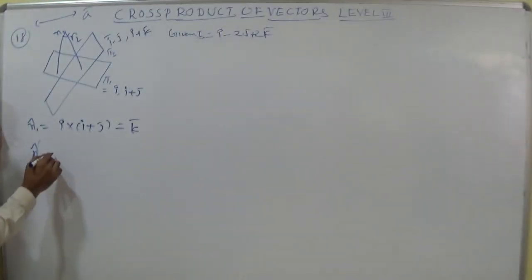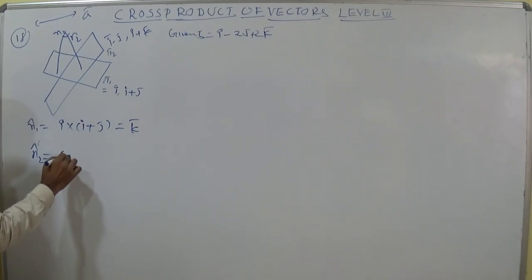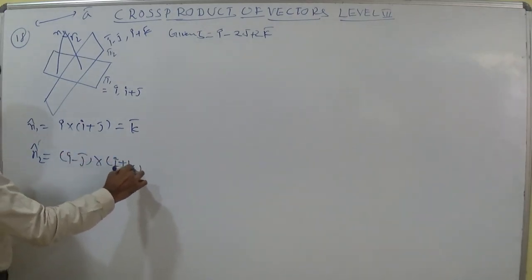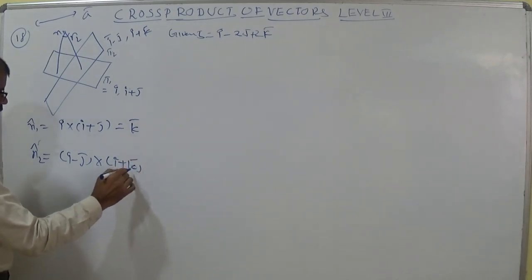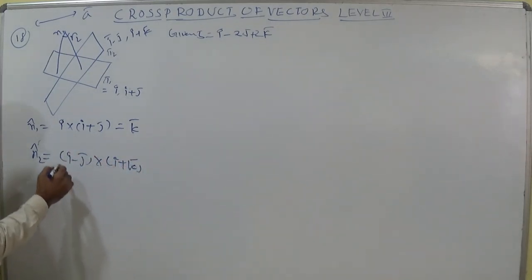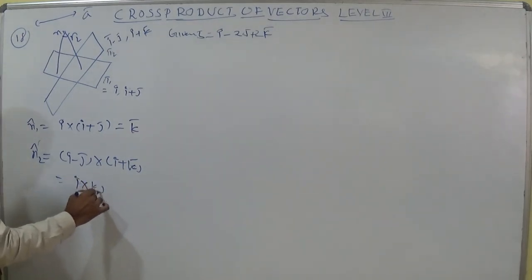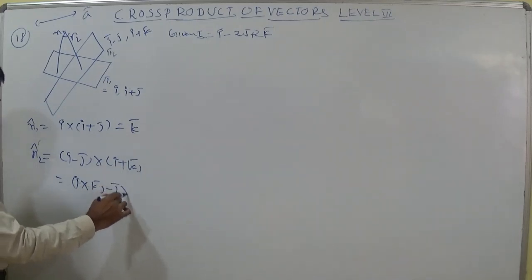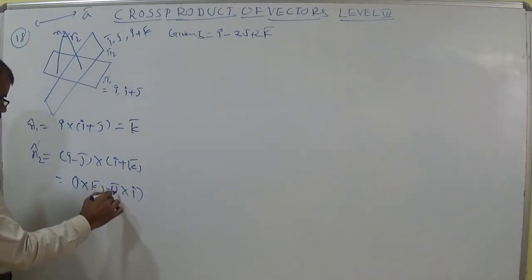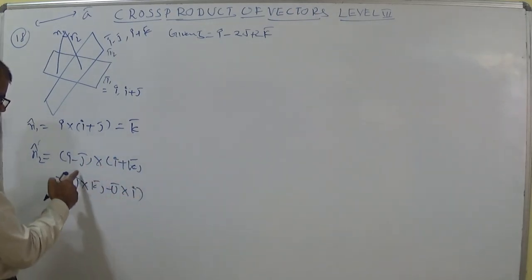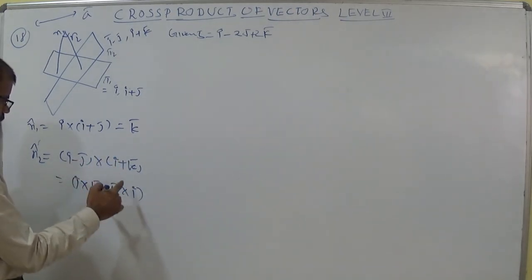Next, n2 cap is equal to i minus j cross i plus k. Here i cross i is 0, so we write i cross k and minus j cross i.